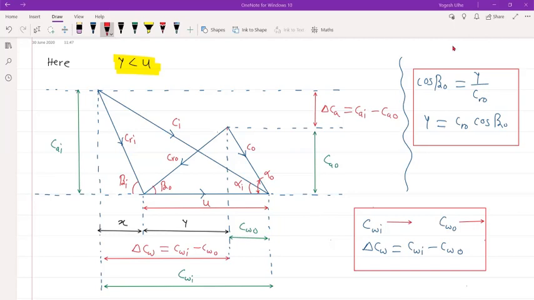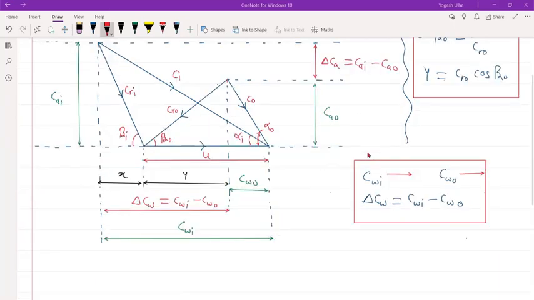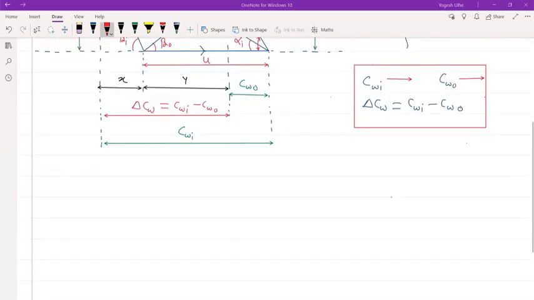See this point here. Suppose this is our CI.